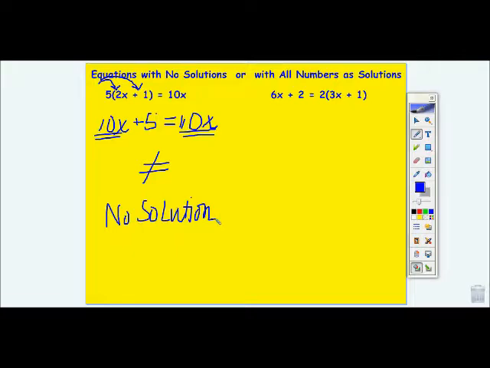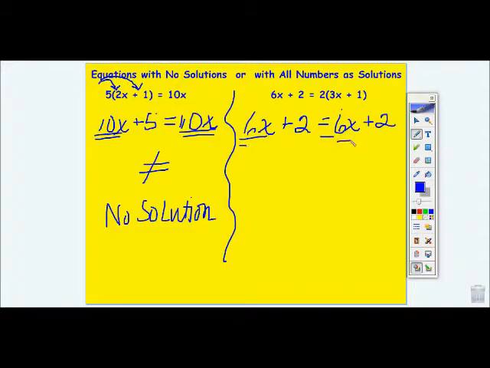So I don't have to do anything to the left side here. Everything is simplified, but I have to distribute on the right. 2 times 3x gives me 6x, and 2 times 1 gives me 2. Now, if you notice, I have the same variable, and I have the same constant term.